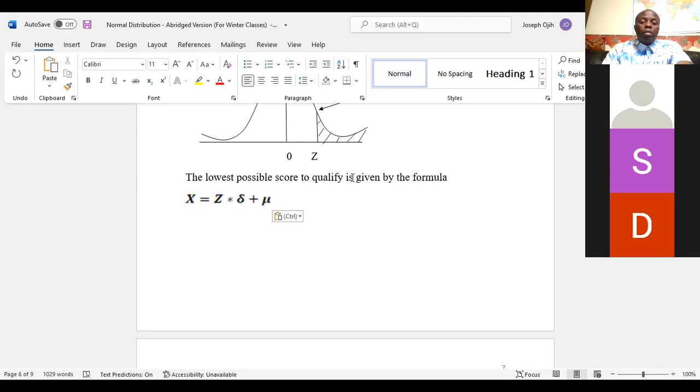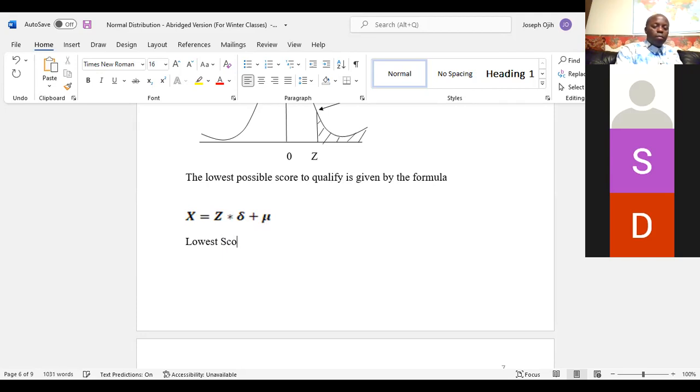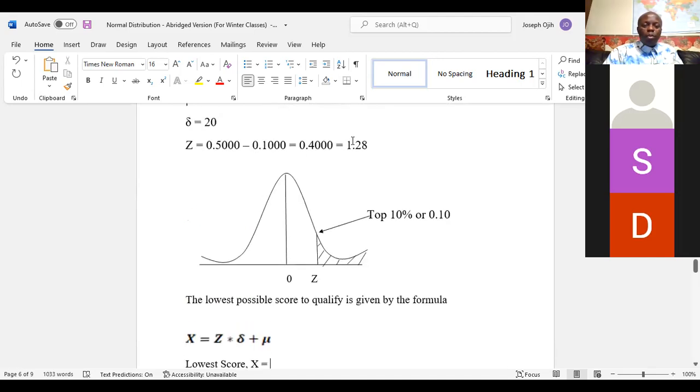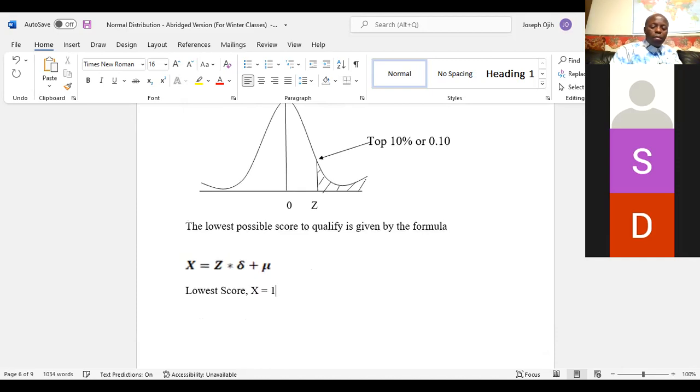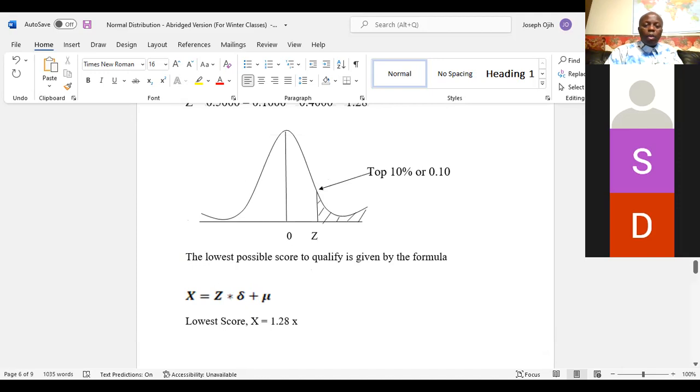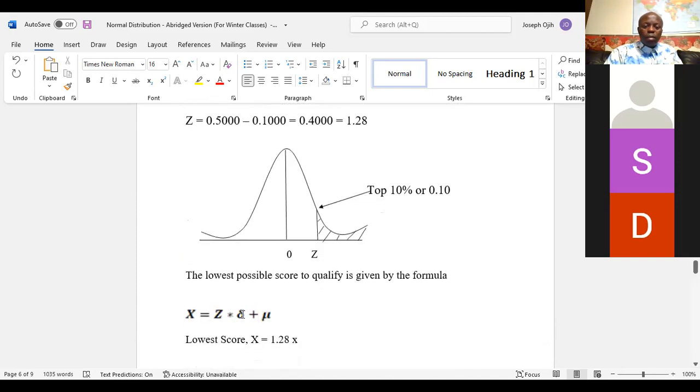Okay, X equals Z times the standard deviation plus the mean. That means the lowest score X equals Z. We find it to be 1.28 times our standard deviation.